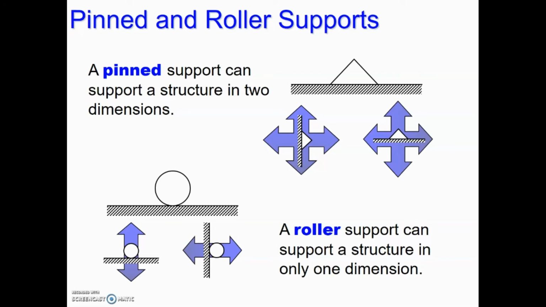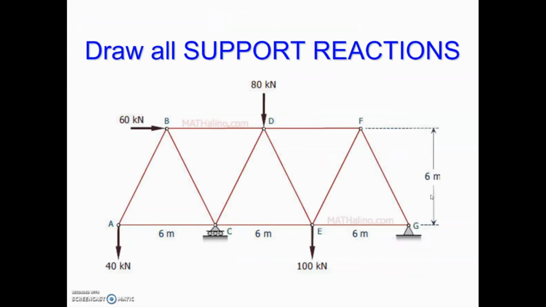Now again, we don't actually know what direction these forces are going to act, whether it is up or down or left and right. But the calculations that we create are going to solve that for us later on. But we'll see that in future videos.